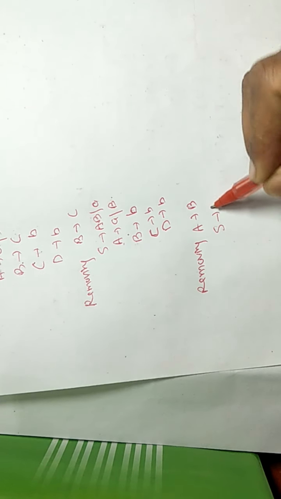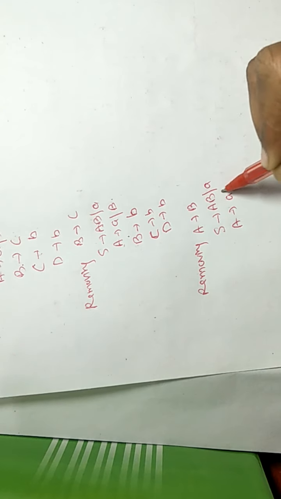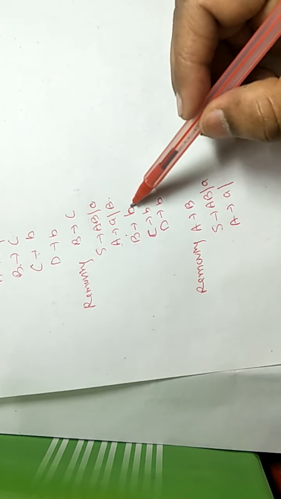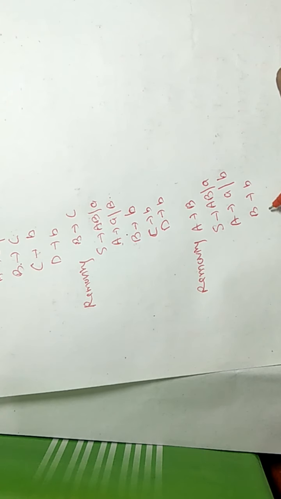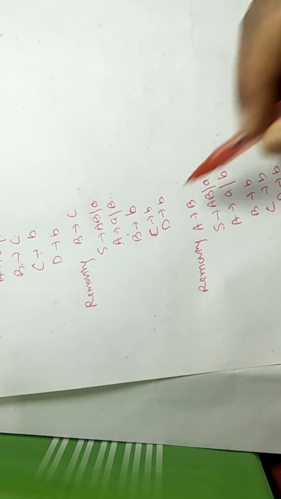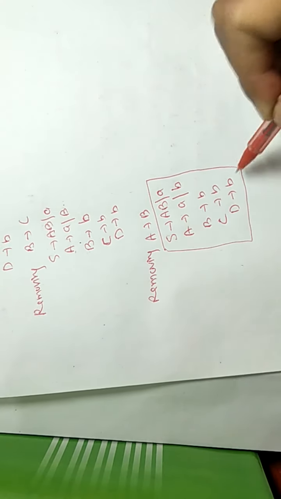So the resulting grammar will be S tends to B slash A, A tends to A slash B, we can put the value of B here, it becomes B, B tends to B, and C tends to B, and D tends to B. So this will be the final grammar after removing the unit production.